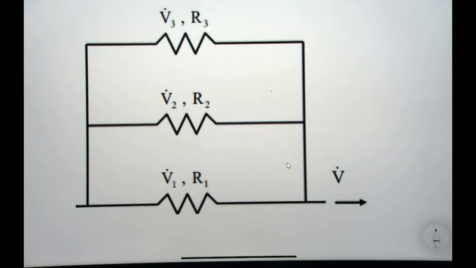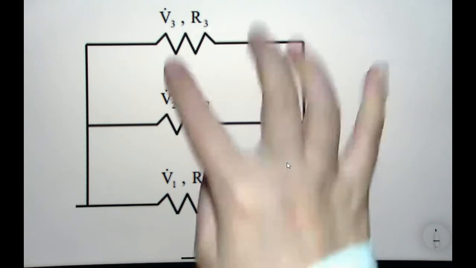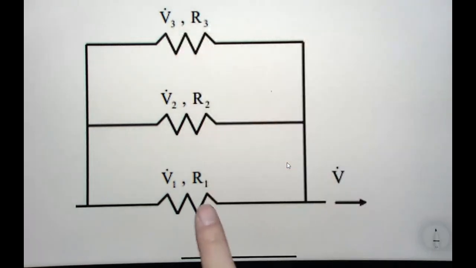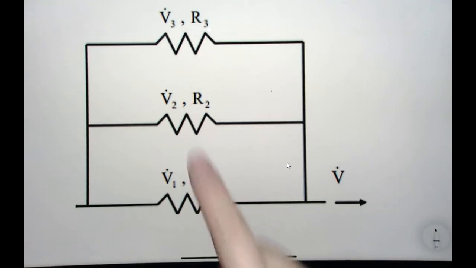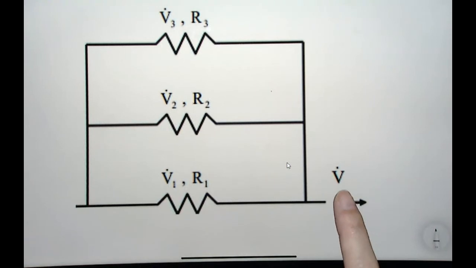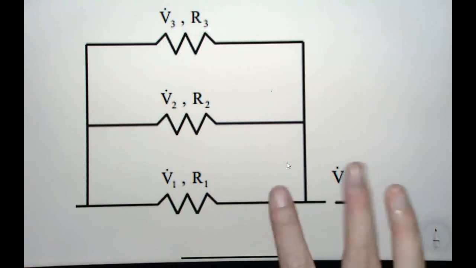For section number 2, the flow rate is V dot 2, and for section number 3, the flow rate is V dot 3. We also have individual duct resistance values R1, R2, and R3 for each of the duct sections. And the total volumetric flow rate is V dot.